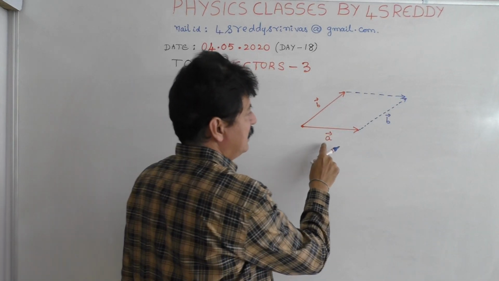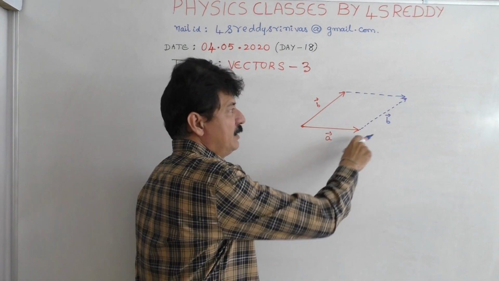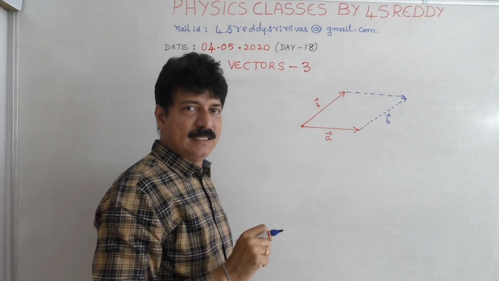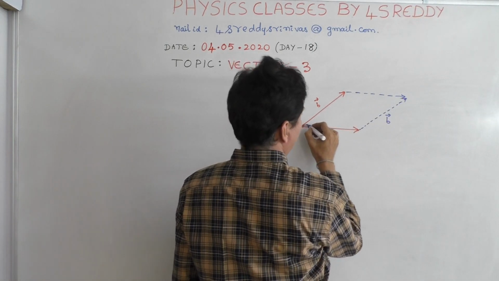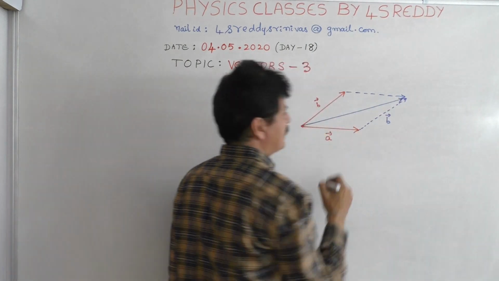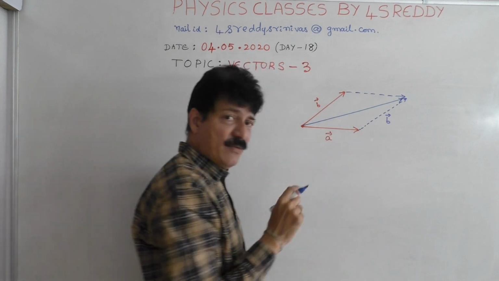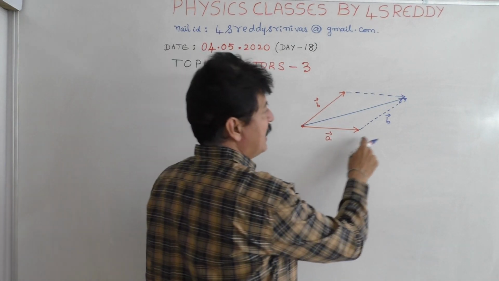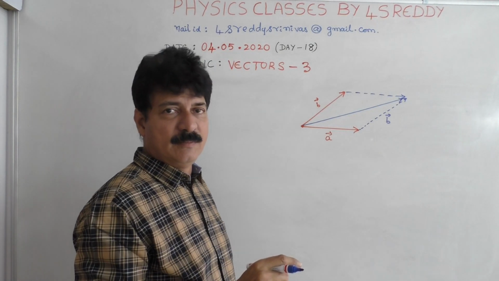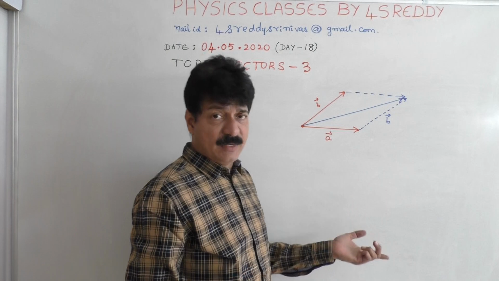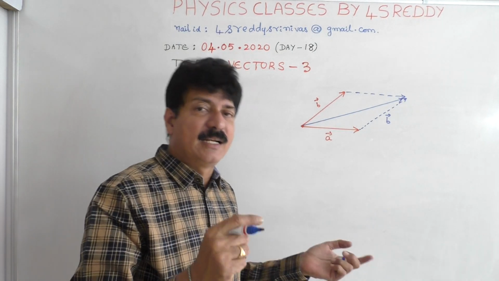If you observe this, A bar and B bar are taken as the two sides of the triangle, then this becomes the initial point and this becomes the final point. So the resultant vector must be in this direction. As per the triangle law of vector addition, if A bar and B bar are two vectors represented both in magnitude and direction by the two sides of a triangle, then the resultant vector can be obtained along the third side of the triangle.